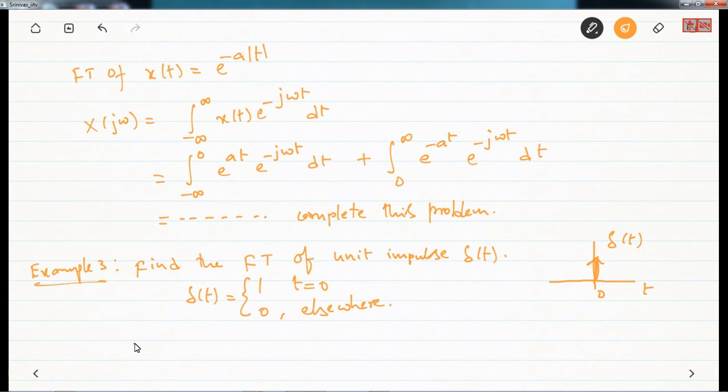right? So its Fourier transform is very easy. X of j omega is the integral from minus infinity to plus infinity of delta of t e power minus j omega t dt. It becomes 1 only at one value, t equal to 0, and at t equal to 0, e power minus j omega t is equal to 1, so it will be 1, right?